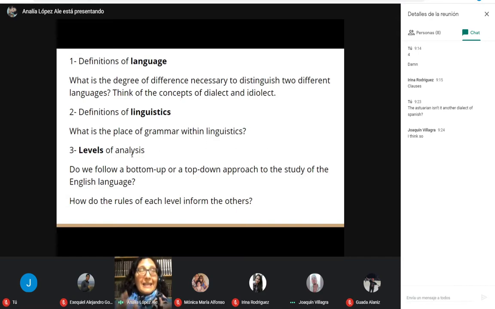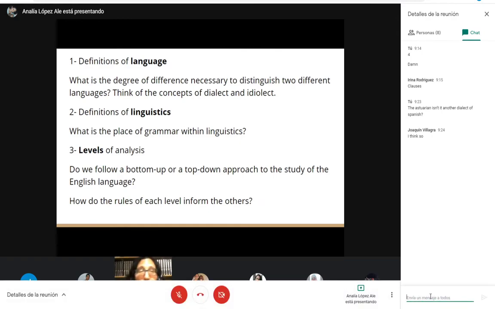The key to differentiate two varieties as different languages or different dialects of the same language is intelligibility. The two varieties, catamarqueño and riojano, are mutually intelligible. There is a level of understanding among the speakers, right?